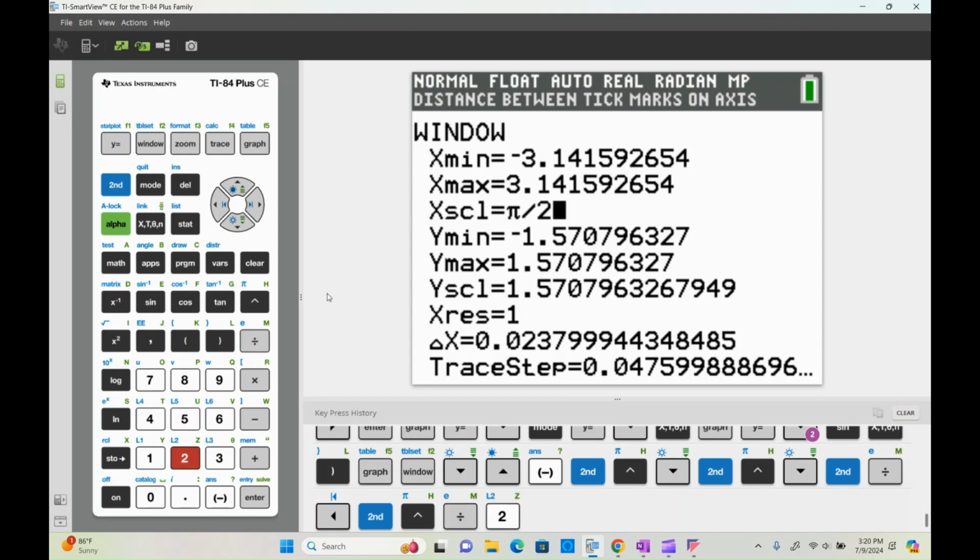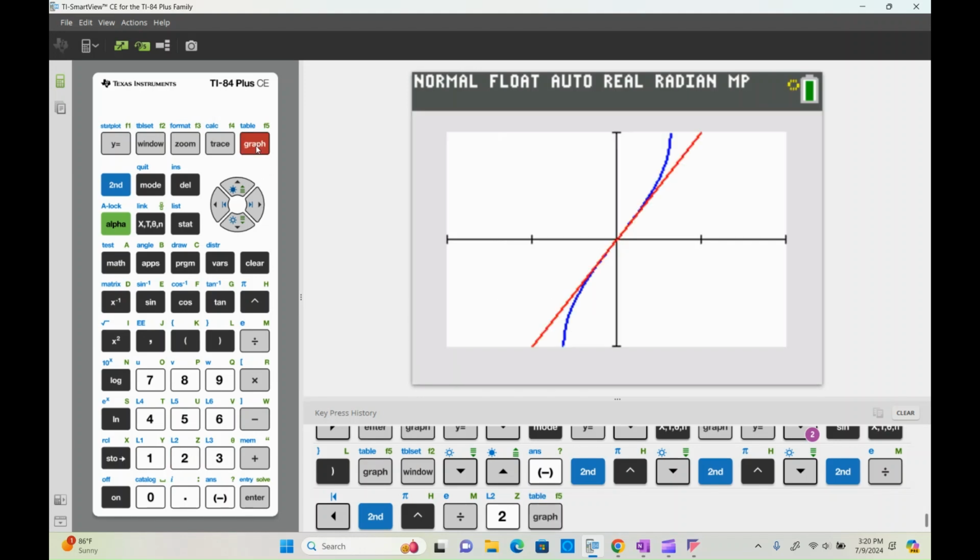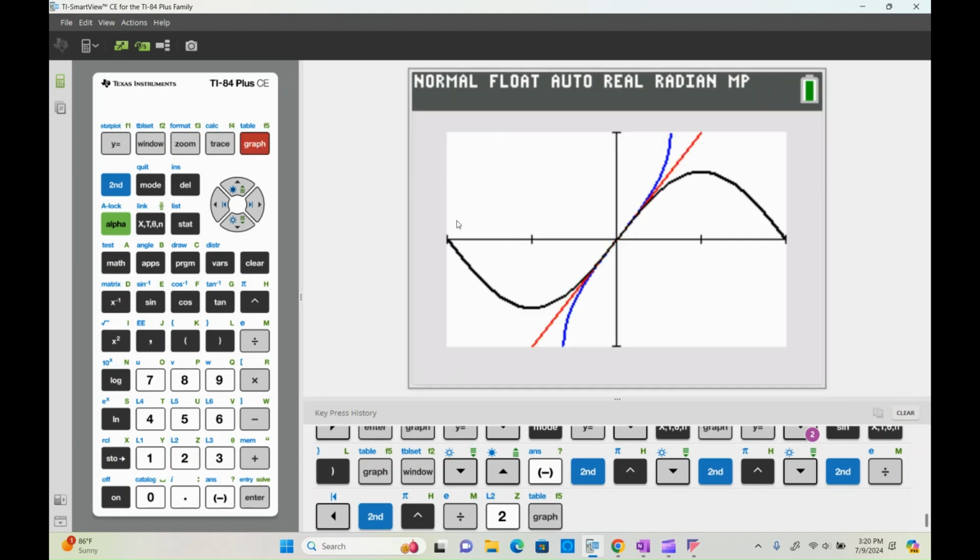And I think I'll just leave the y's the same. So now you can see that that black curve really is the sine function, and it just looks like a reflection of the blue one, its inverse trig function, other than it stops soon.